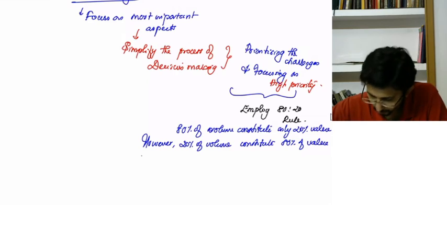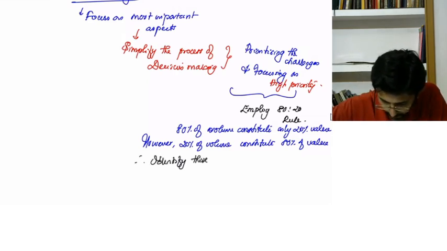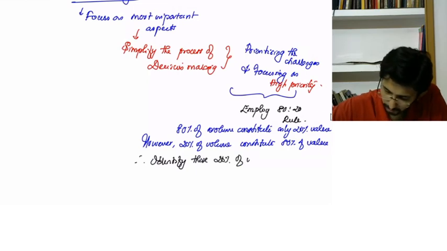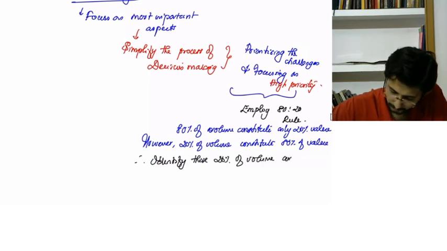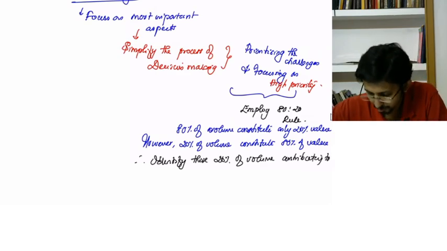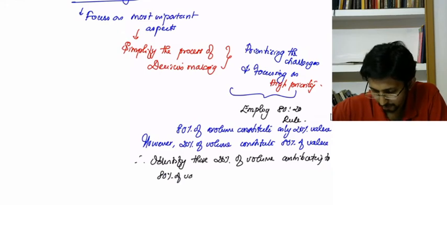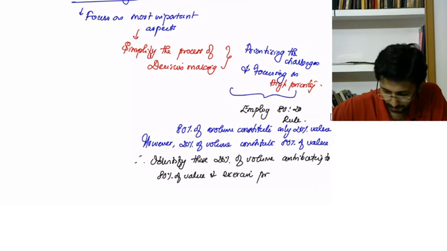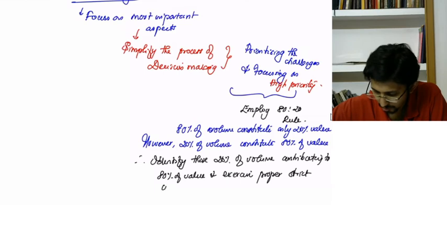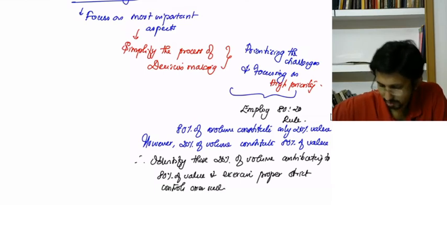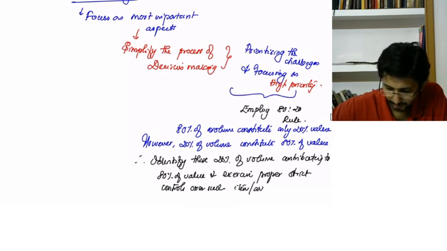Therefore, identify those 20% of volume contributing to 80% of value and exercise proper, strict controls over such items or areas.